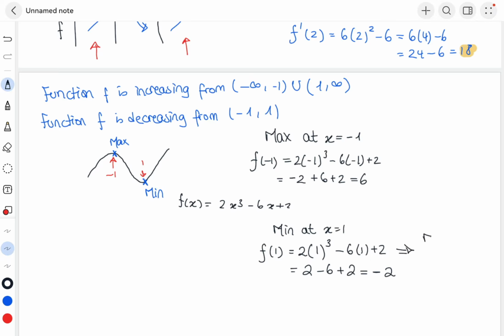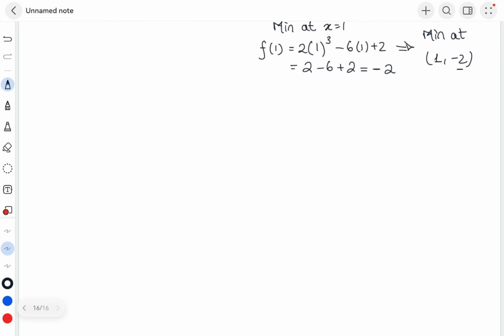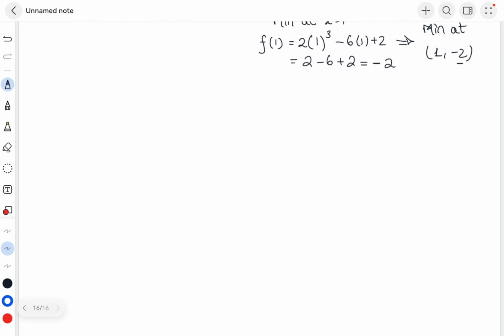So our minimum is at 1, -2, and our maximum is at -1, 6. And of course, the y value of the maximum should be greater than the y value at the minimum. Let's do one more example.